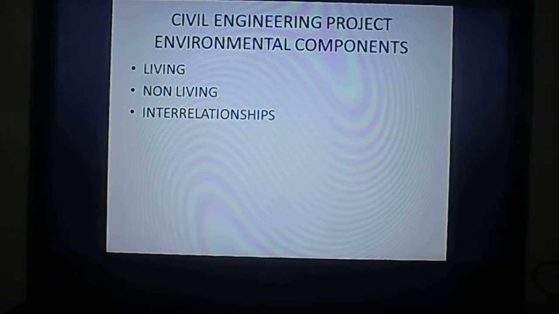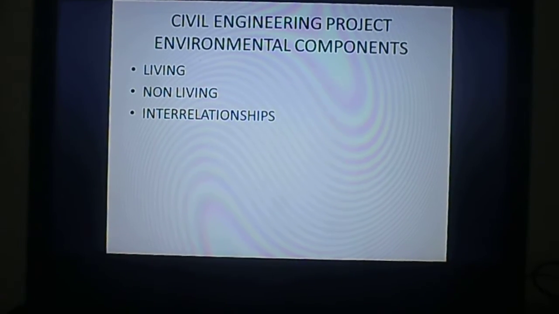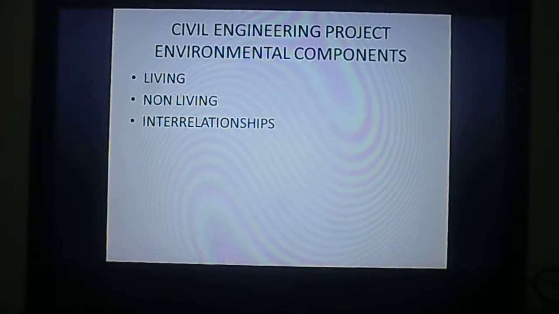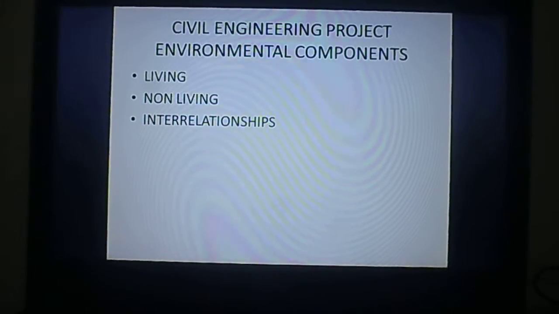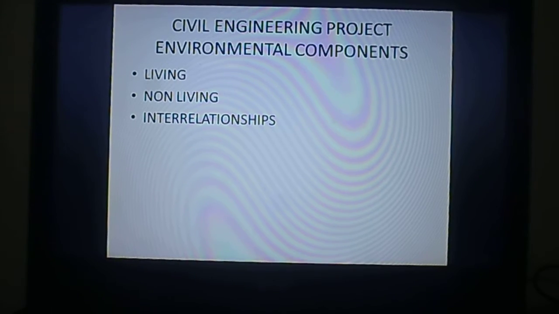A civil engineering project may be involved with environmental components, and the environmental components may include the living and the non-living components and the interrelationships between the living and the non-living components.